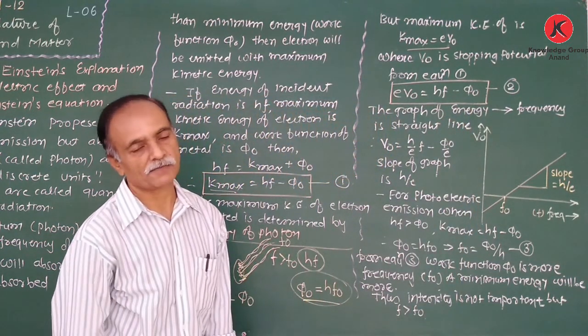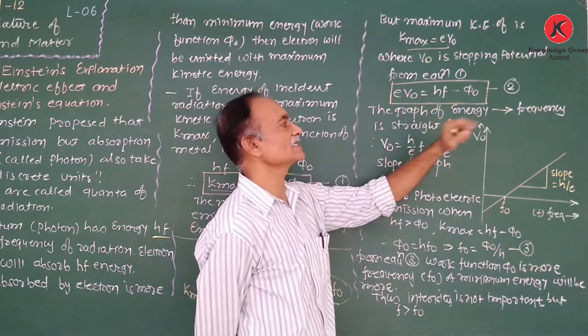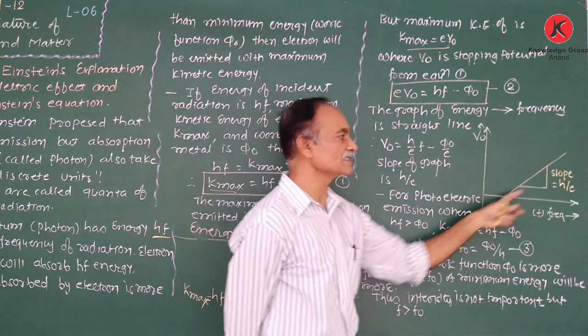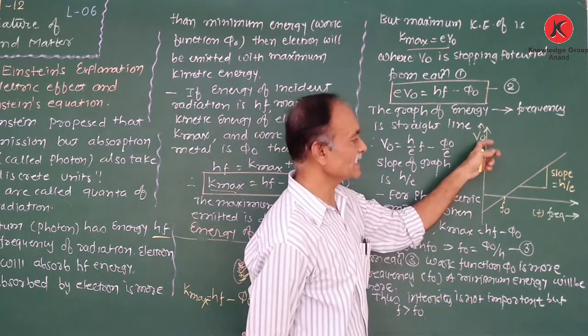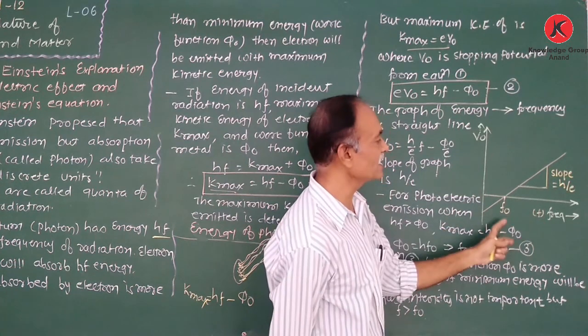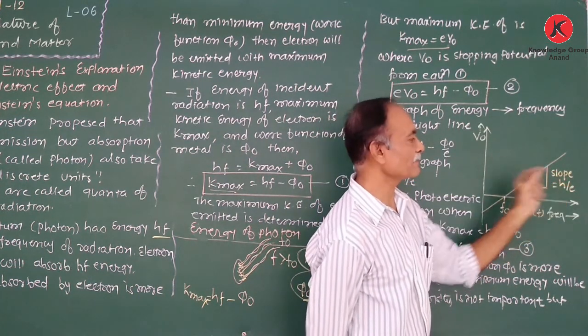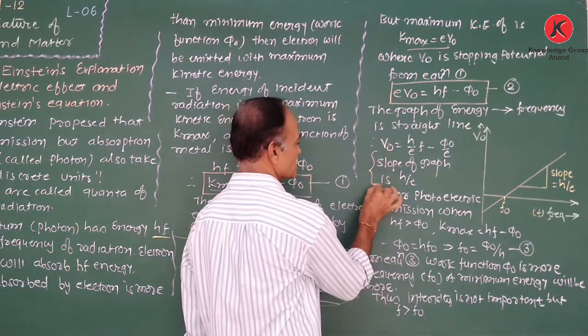As we draw the graph of V0 versus the frequency of incident radiation, this graph is a straight line. Again, the graph of stopping potential versus frequency is a straight line. The slope of this graph is h upon e. Keep in mind that this sentence is frequently asked.